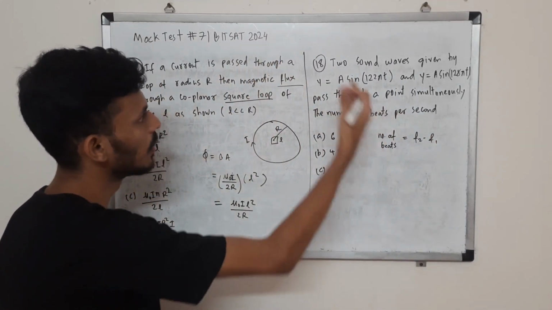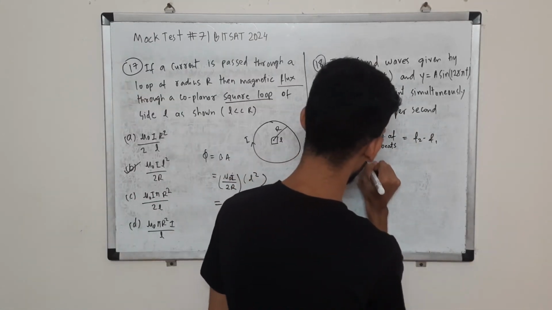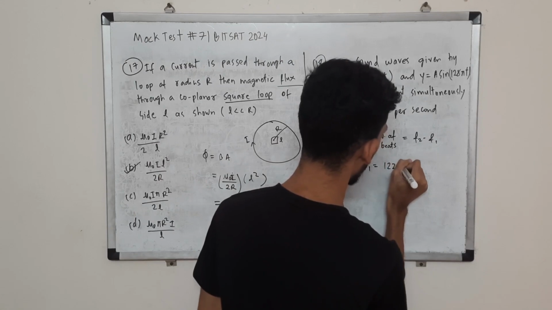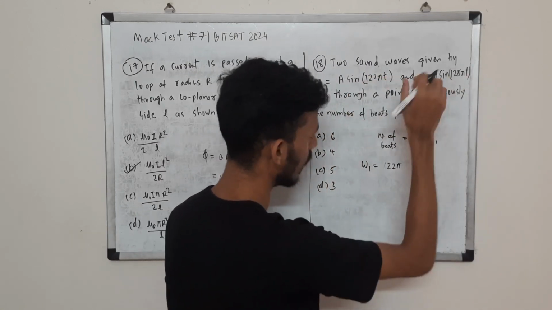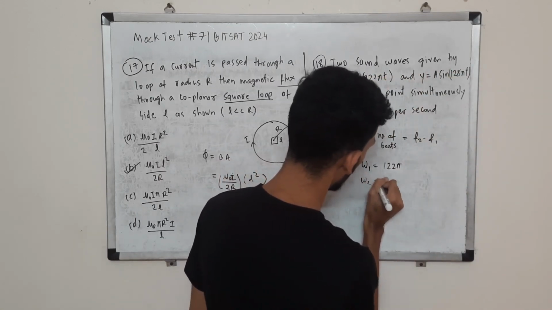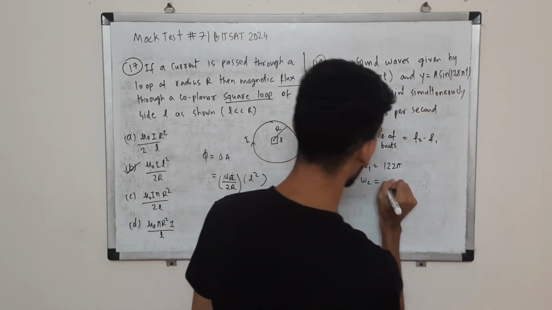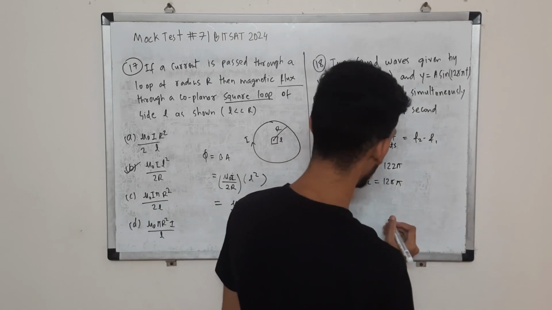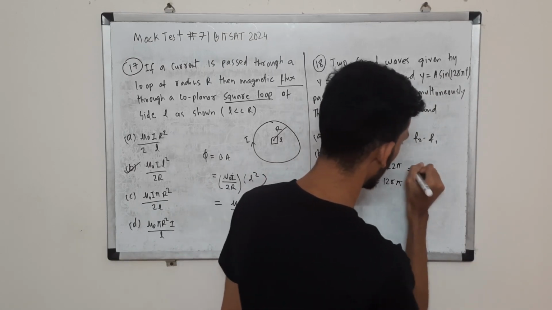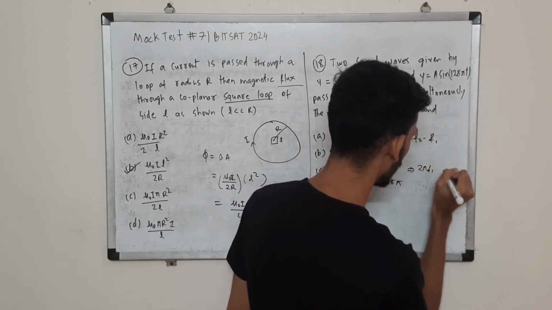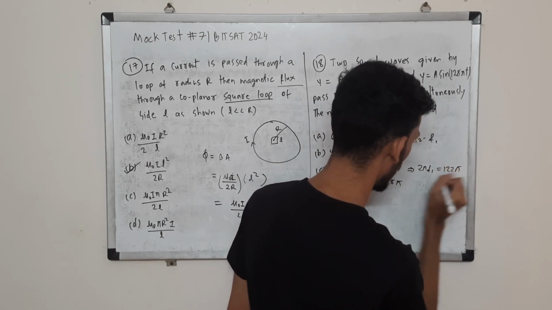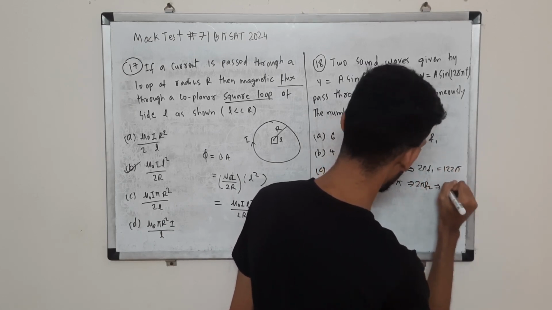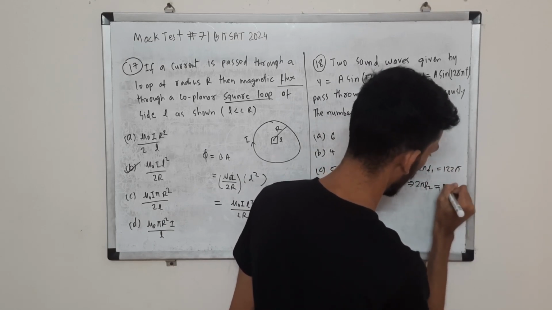So from this you can find omega 1 and omega 2. Omega 1 is 122 pi, this is a sine omega t, and this is a sine omega t again, so 128 pi. From here you can find f1 and f2, because omega 1 is nothing but 2 pi f1, which means 122 pi, and 2 pi f2 is 128 pi.